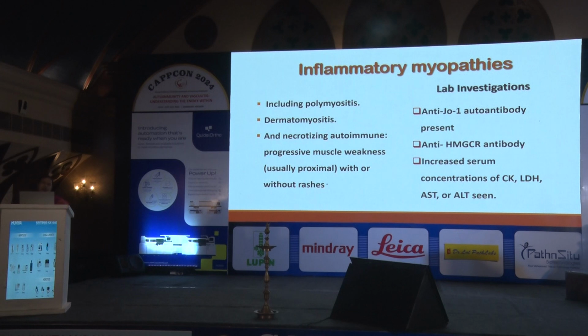And coming to inflammatory myopathies, there can be polymyositis or dermatomyositis where there is the presence of anti-Jo autoantibody pointing towards polymyositis. There is also another very new autoantibody present, that is anti-HMG-CoA reductase, that is 3-hydroxy-3-methylglutaryl coenzyme A reductase, with an increased serum concentration of creatine kinase, then it may point towards the diagnosis of inflammatory myopathies.